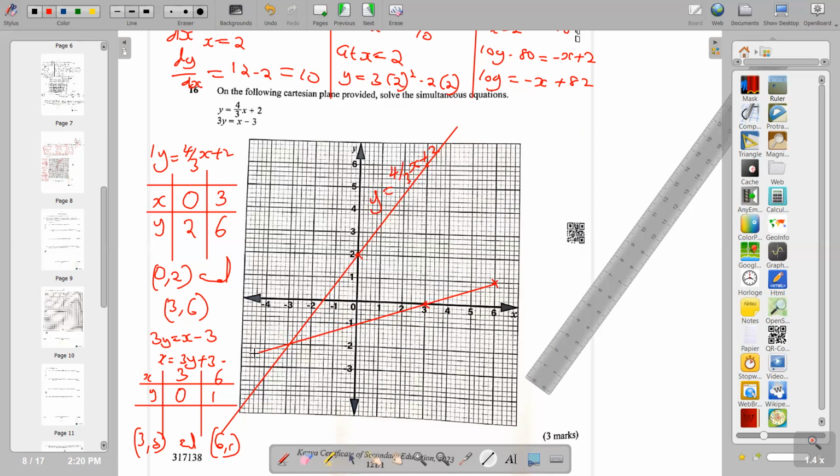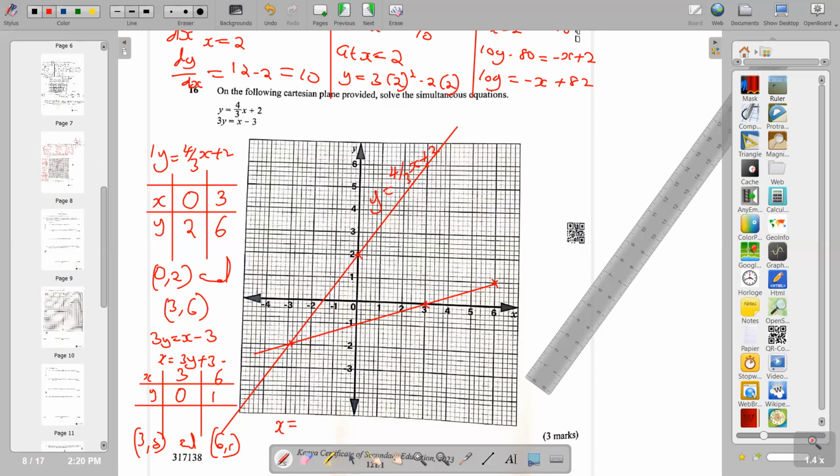It must intersect. I think the solution for this one was -3, negative. You can draw it in your graph book. You get the solution here, the point where the 2 lines intersect. And that will now be the solution. Now you come and write x is equal to the x coordinate here.